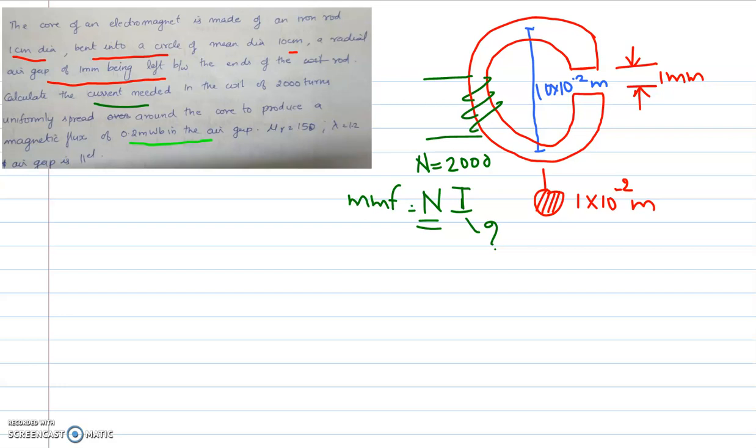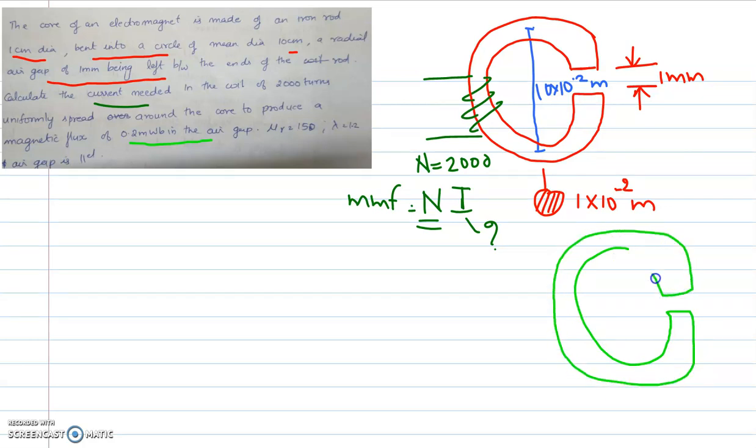I will again redraw this figure for a better understanding. So this is producing flux. And here it is said that the flux in this particular air gap is 0.2 milliweber.